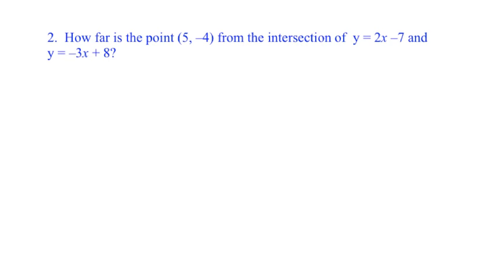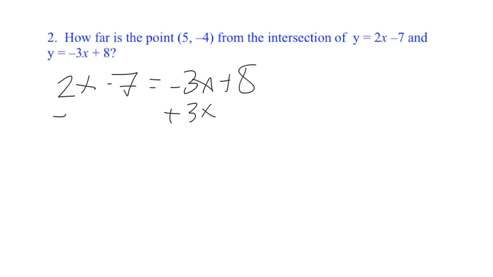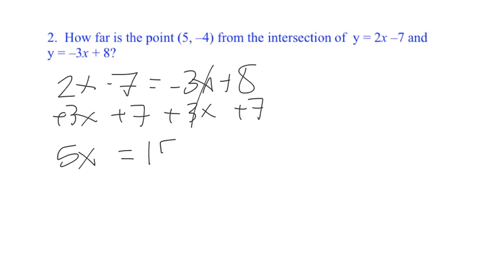Hopefully by now you realize that the easiest way to do this is by comparison. So 2x minus 7 equals negative 3x plus 8. On the right side, my x's are canceled. On the left side, I have 5x. I'm going to add 7 to both sides. And so I'll have 5x equals 15. Then divide out, and I get x equals 3.